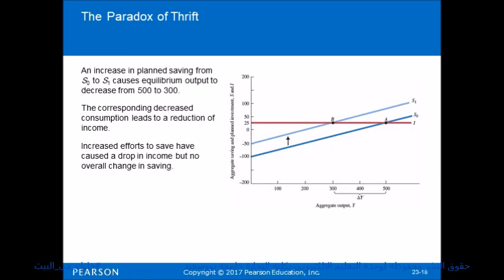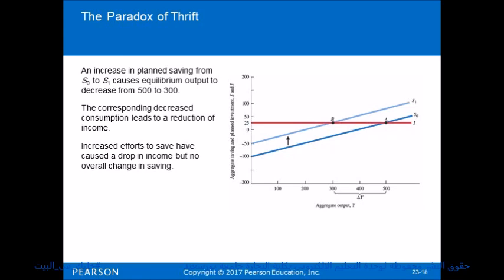The paradox of thrift. Here we have 2 saving lines, or 2 saving functions. The lower is S0 and the higher one is S1. And we have the investment line I. We note that an increase in planned saving from S0 to S1 causes equilibrium output to decrease from 500 to 300.